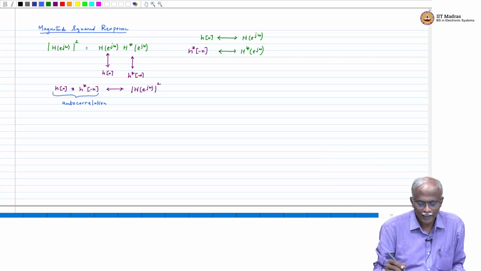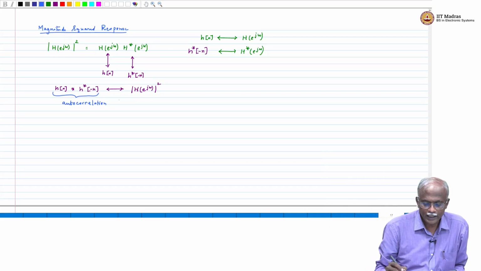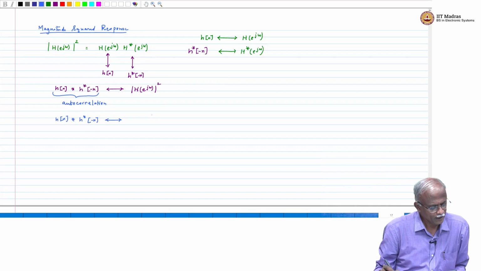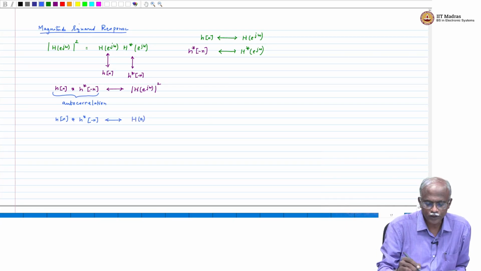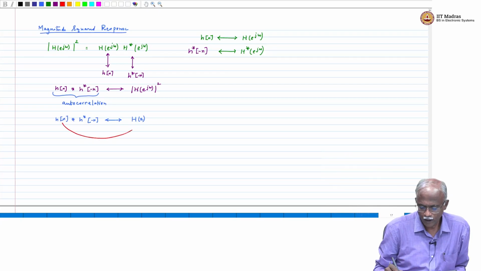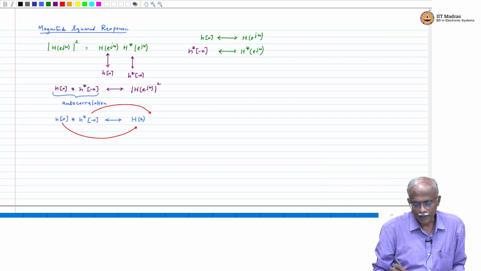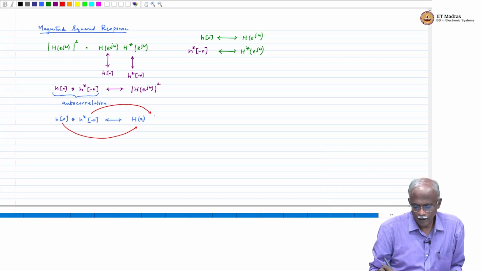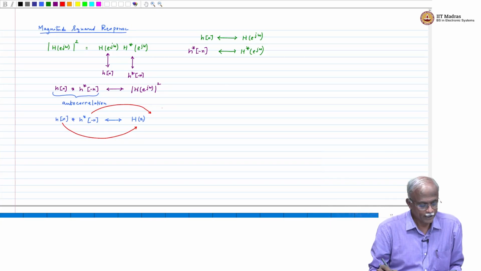More importantly, if I ask you to write this in terms of the Z transform, h[n] convolved with h*[-n] will have a Z transform given by H(z) multiplied with the Z transform of h*[-n]. Look at the properties of the Z transform.